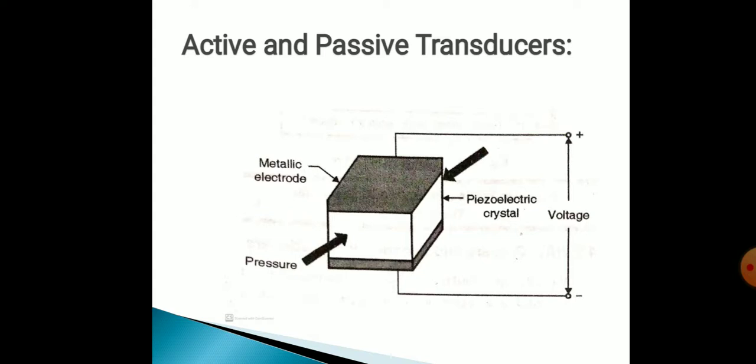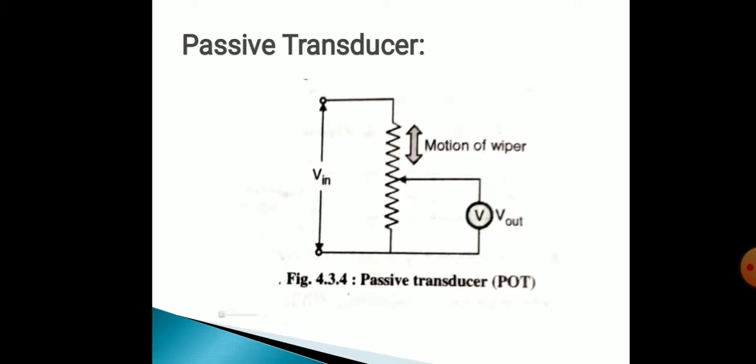Passive transducers are those which require external power input for their functioning. This is a passive transducer. These are also known as externally powered transducers. Typical examples of passive transducers are resistive, inductive, capacitive transducers. For example, consider the application of a POT, that is a potential divider, used for displacement measurement as shown in the figure.